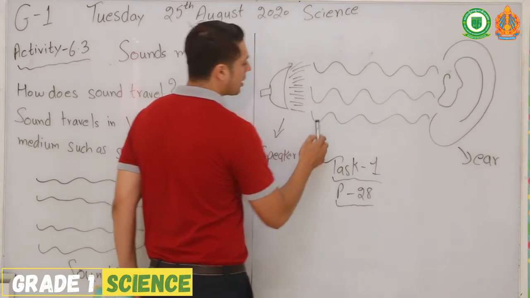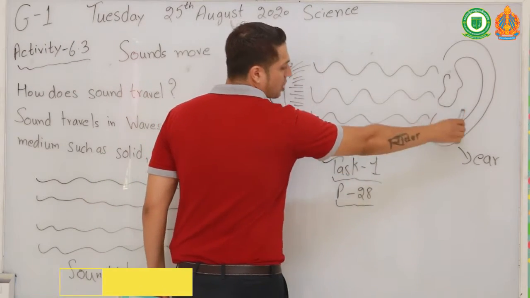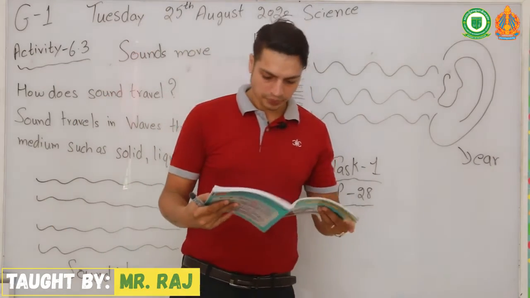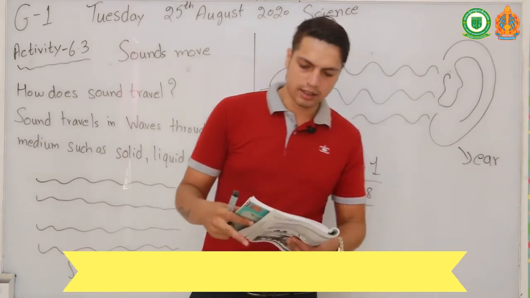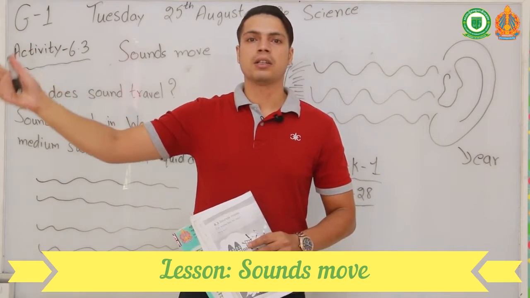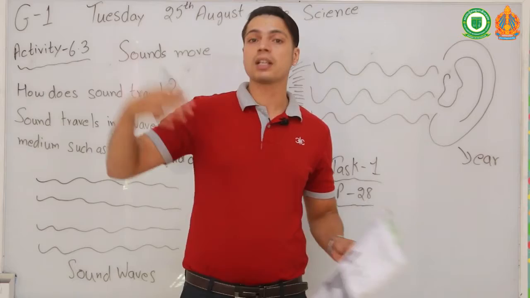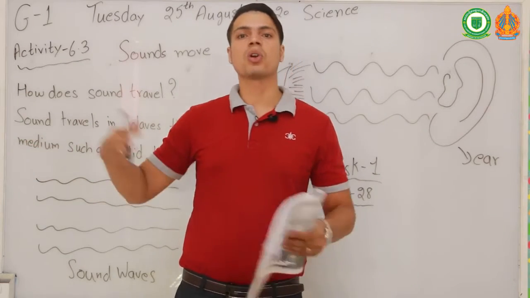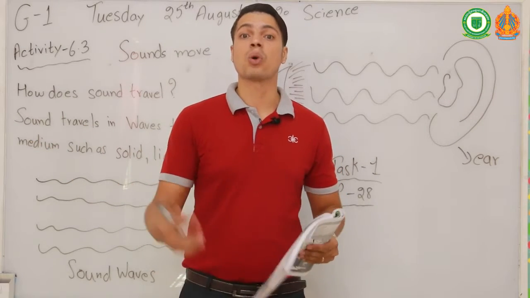So here is the speaker and sound waves, and here is the ear. When the sound waves reach our ear, that's when we hear sound. If there's a loud sound somewhere and you are far away, you can still hear it quietly. As you move closer to the loud sound, you will start to hear it more loudly.